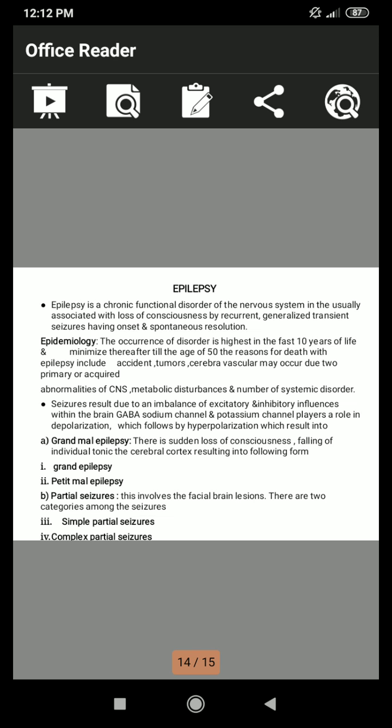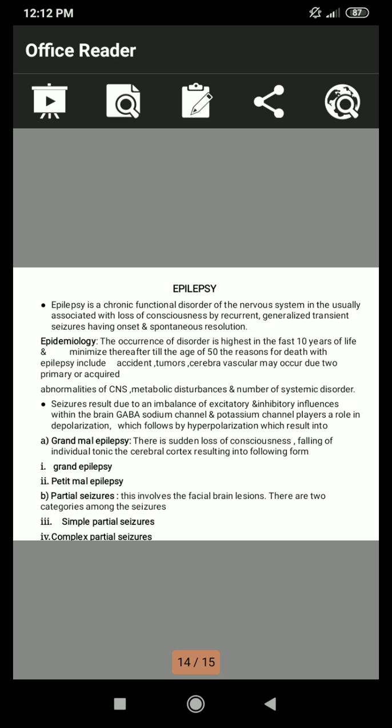The causes of epilepsy include accidents and tumors. Cerebral vascular disease may occur due to primary or acquired abnormalities of the central nervous system, metabolic disturbance, and a number of systemic disorders.